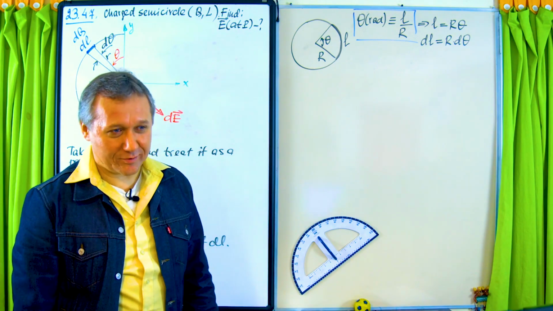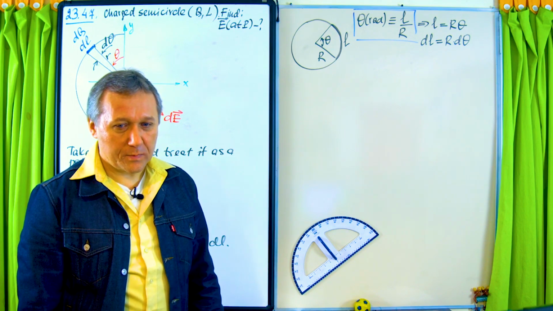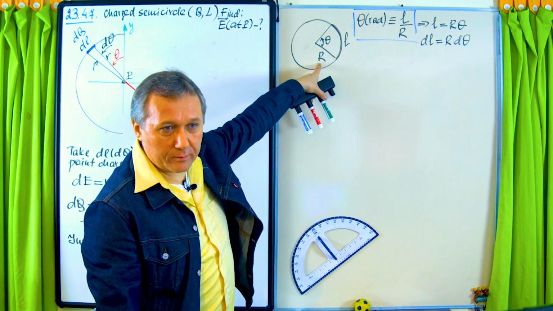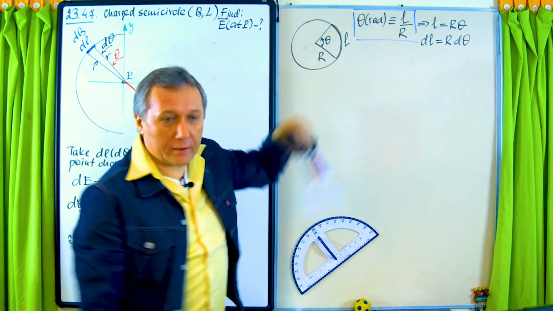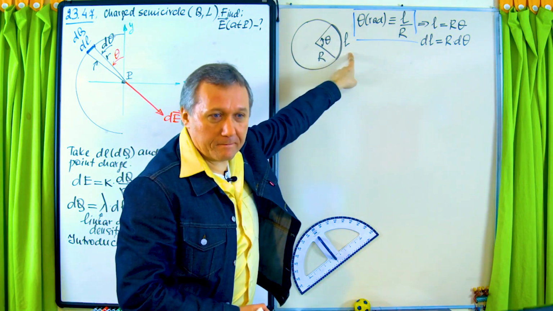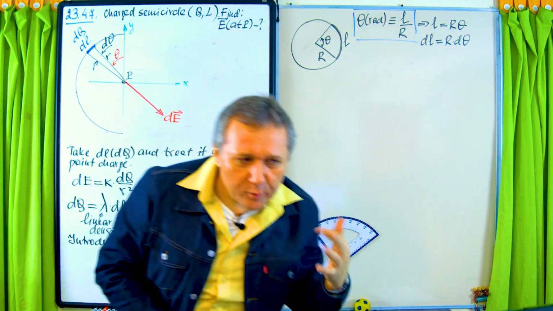That's the transition. Is it just like S for arc length? No, R is the radius of this circle. I'm sorry, L is the arc length, you see? I think my calculus professor used to use an S for that. Okay, it depends. Different books use different notations.